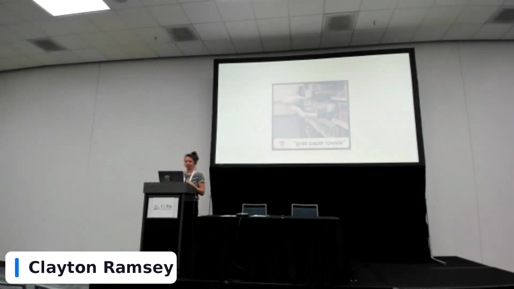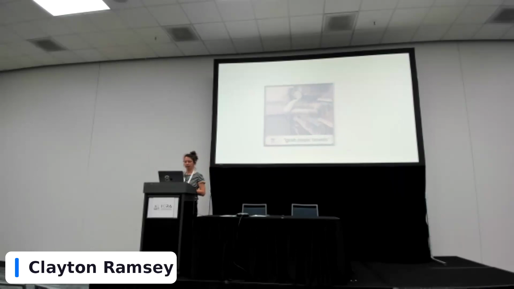So the question is, how do we make this policy runnable on a mobile platform that starts from a new base position anywhere in this grocery store and drives up to this paper towel task? That's really what we want to do: this task even though we start from somewhere completely else. And the thing about these learned policies, especially image policies, is that they are very brittle when it comes to viewpoint change.